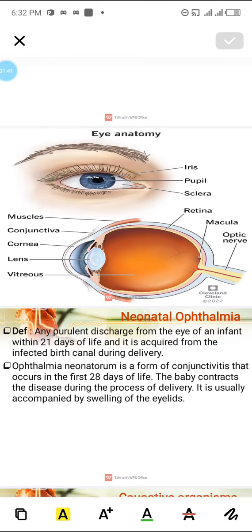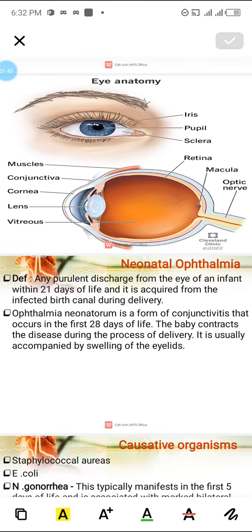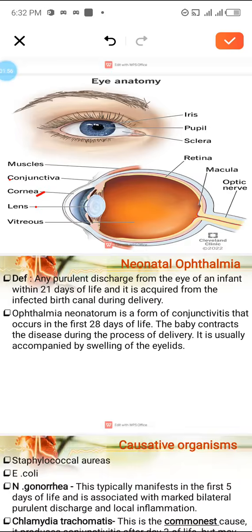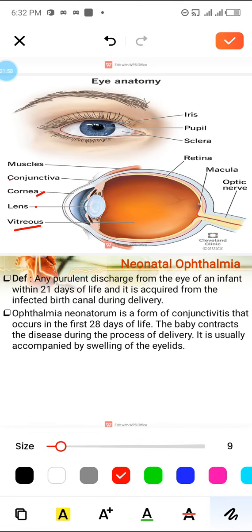Another important aspect is that you need to know the anatomy of the eye. You need to be able to identify where the conjunctiva is, where the cornea is, where the lens is, the vitreous body or vitreous humor. You need to know the optic nerve, the macula, the retina. You need to know at least those.